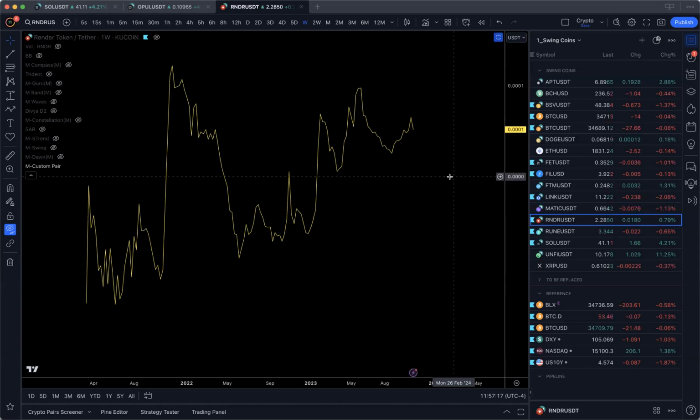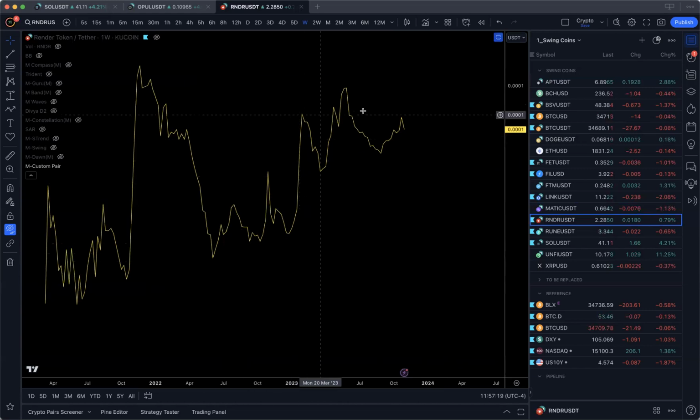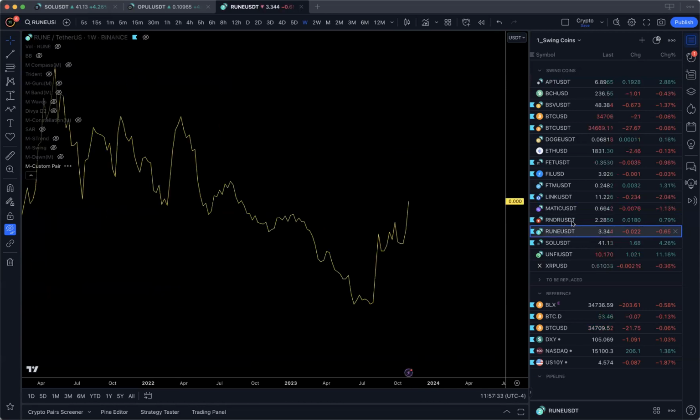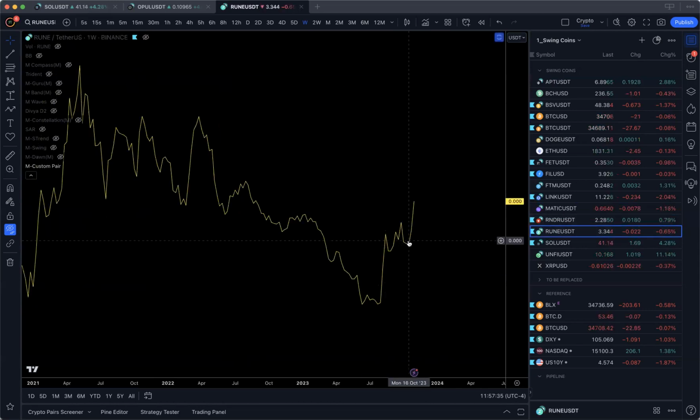RNDR, we can say this is an uptrend. It will zigzag, fine, but still RNDR is outperforming BTC, and that's why it is one of the best coins in terms of price action. RUNE started doing well. Look at this one.